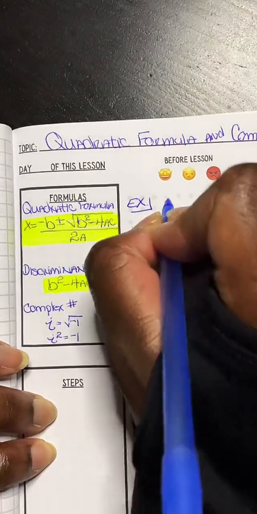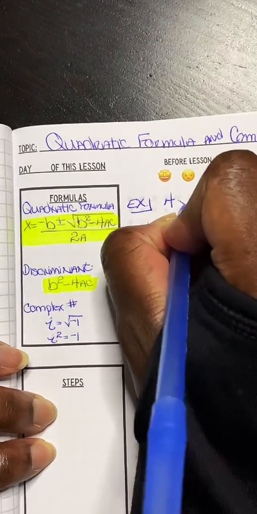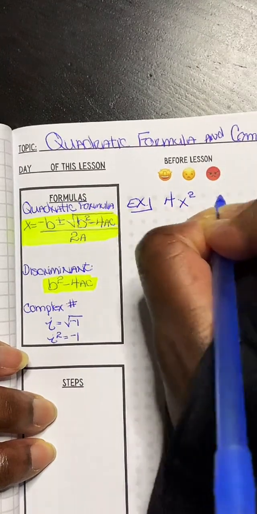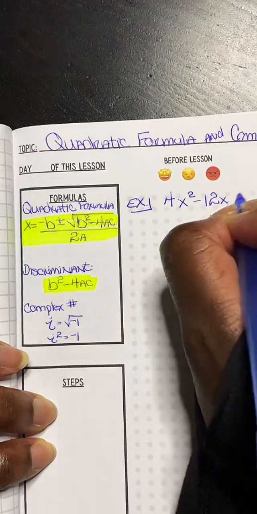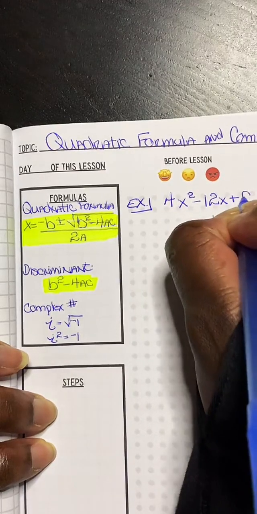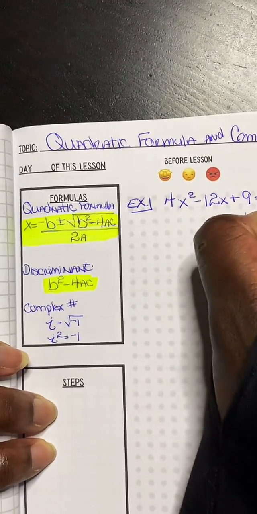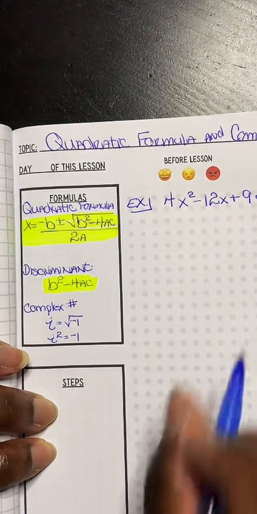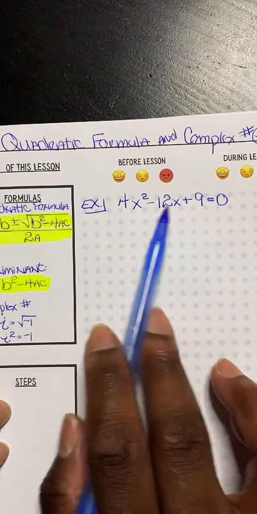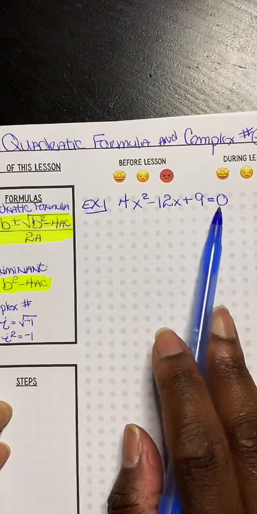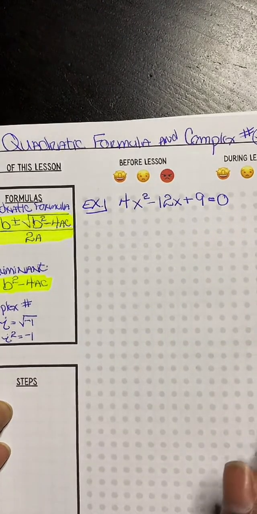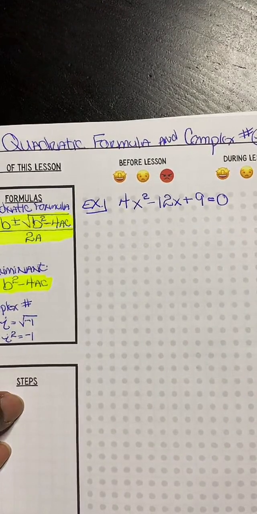Our first example is 4x squared minus 12x plus 9 equals 0. The quadratic formula works well when you're dealing with an equation, because we're trying to find our x value.